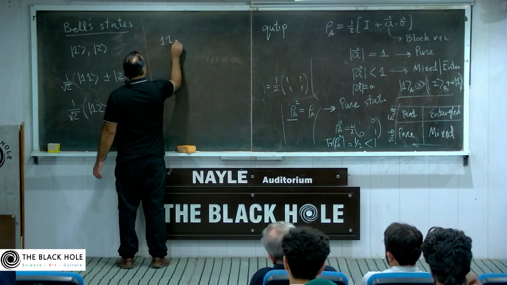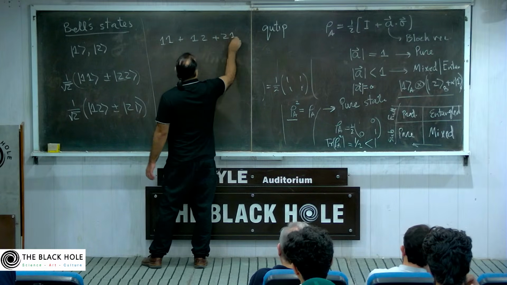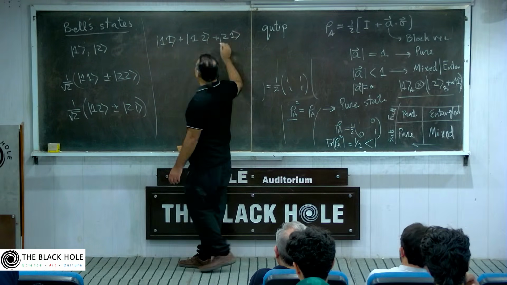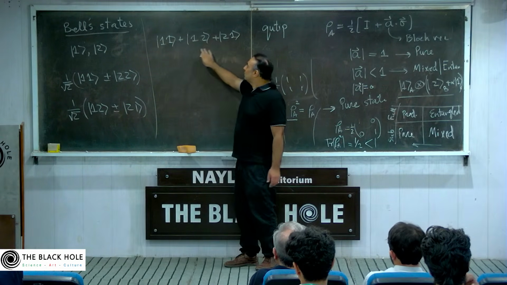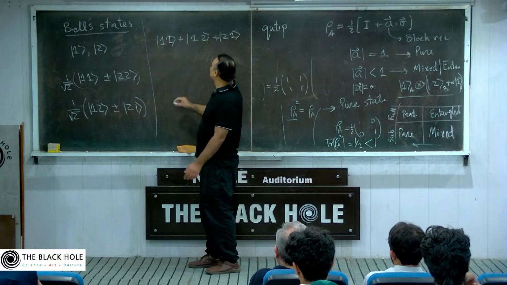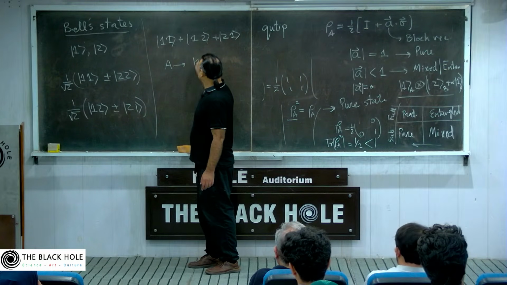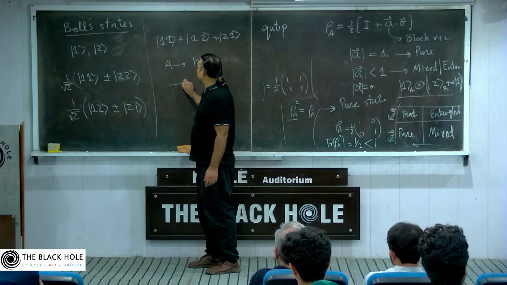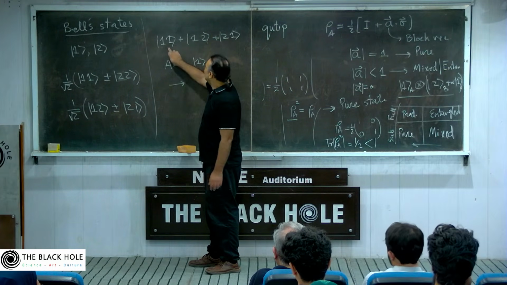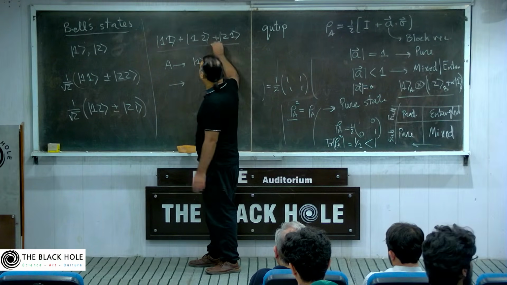But suppose you take a general case. So you have 1 1 plus 1 2 plus 2 1. Okay, I'm not normalizing them, divided by square root 3. So if you have this, now if you make a measurement on the first and you get 1, this would mean that the state is collapsed onto the first, but this first is over here and here as well, so this is discarded, but you still get this.